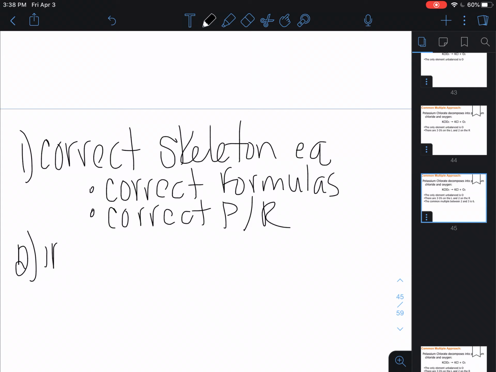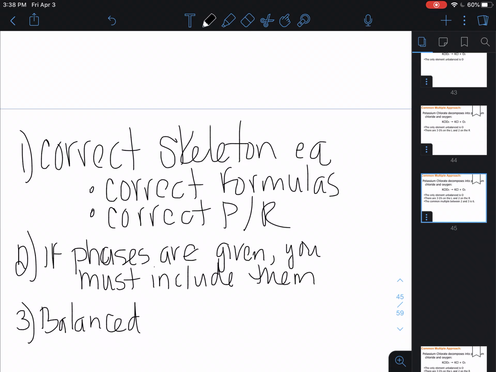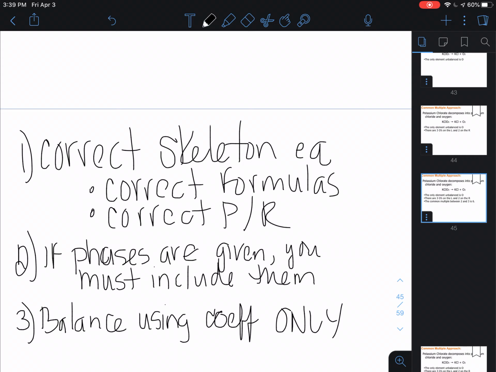If phases are given, you must include them. And then 3 finally, you're going to balance, that's coefficients only. Okay? So again, you have to always start off with the correct skeleton equation.